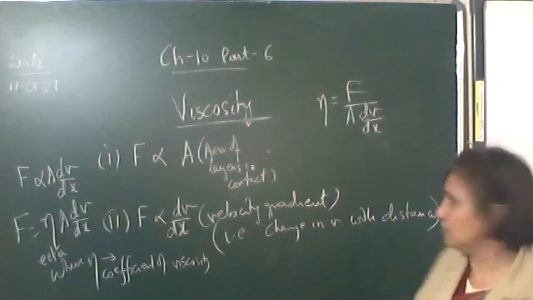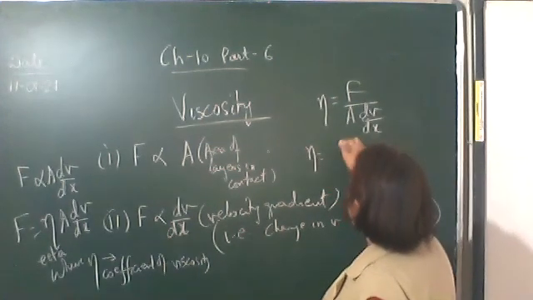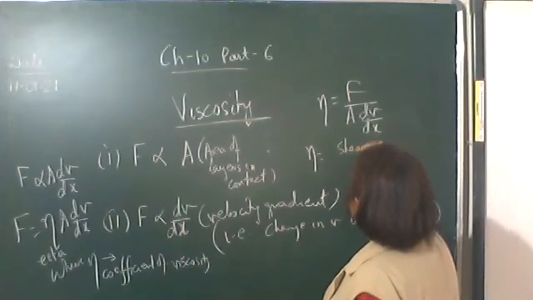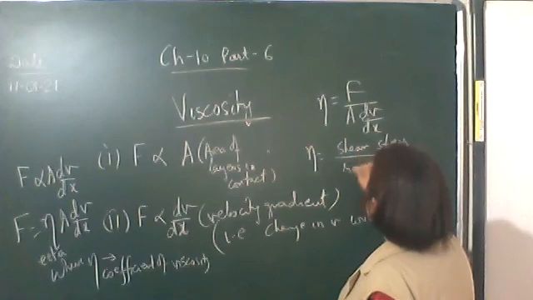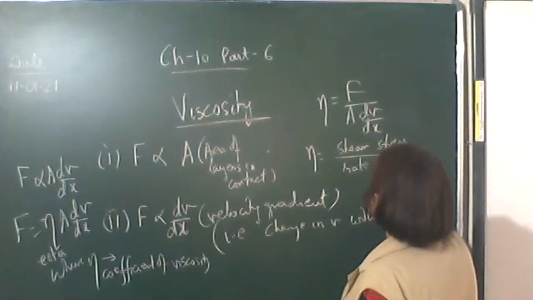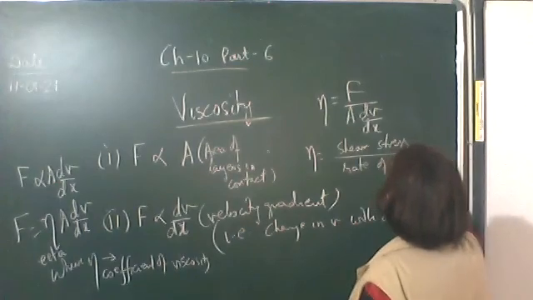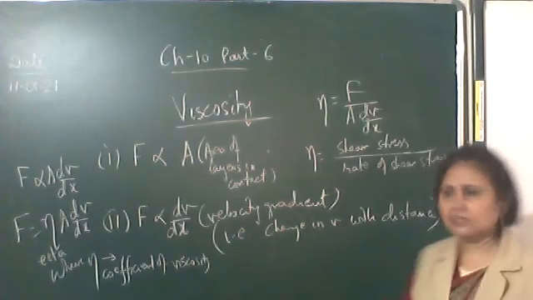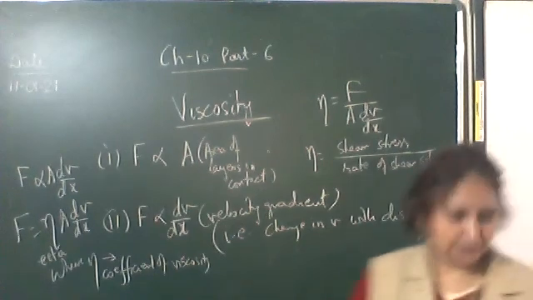So eta is equal to shear stress upon rate of shear strain. Any formula is okay. Eta is equal to F upon A into dv by dx.